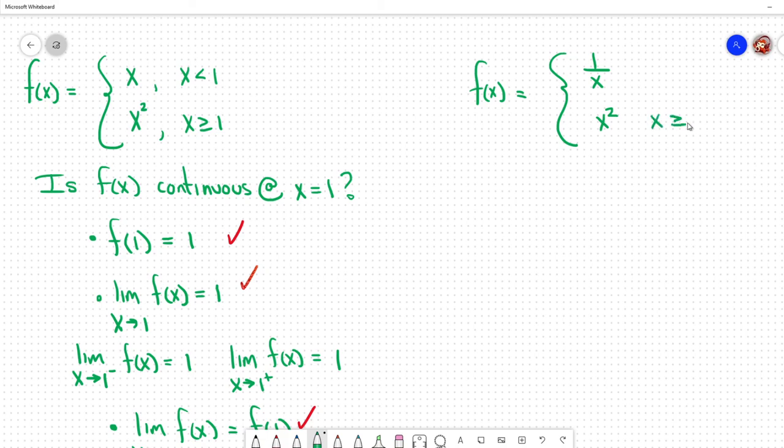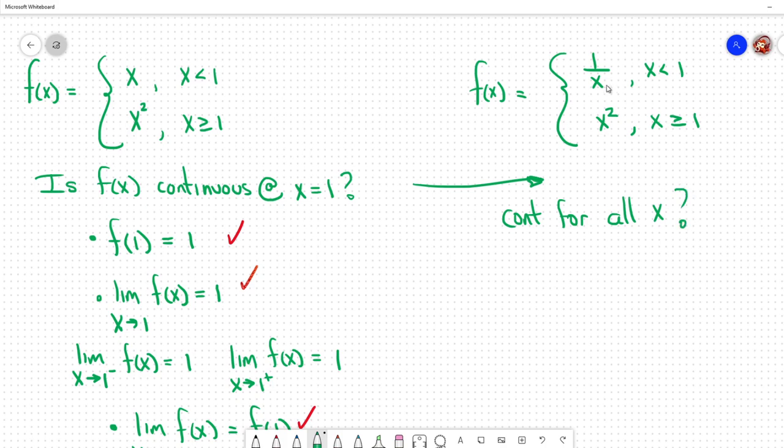So if this were f of x, and I asked exactly the same question as I did over here, is it continuous at 1? The answer is yes, it will be, because all 3 of these would be fine. However, could I say it's continuous for all values of x?